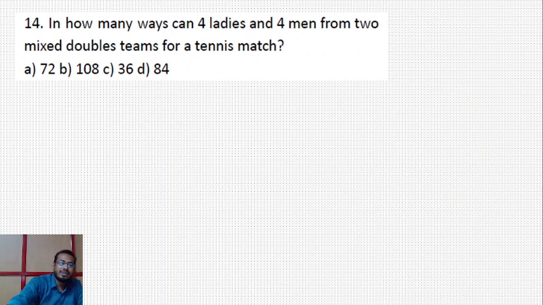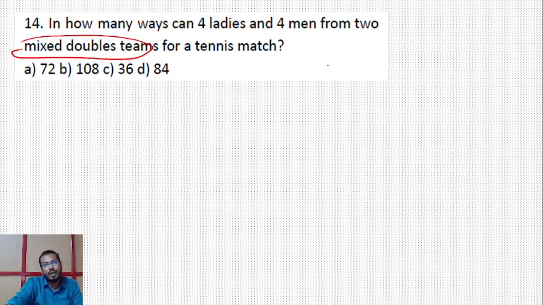Okay, next question. In how many ways can 4 ladies and 4 men form 2 mixed double teams for a tennis match? Mixed double teams means what? 1 male and 1 female for one team. Likewise, I need another male and female for another team.